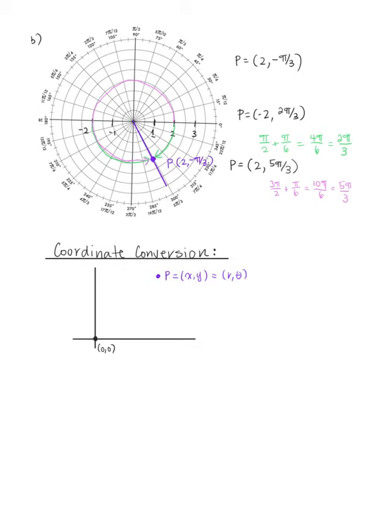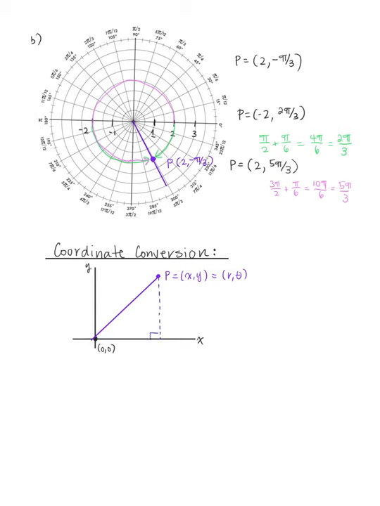Now, instead of just writing down all the conversion formulas, let's try to understand why that's true. Right now let's suppose that this is our x-axis and this is our y-axis, and then our point P is right there. So let me just draw a line from the origin to point P. And from point P, I'm going to draw a perpendicular line towards the x-axis.